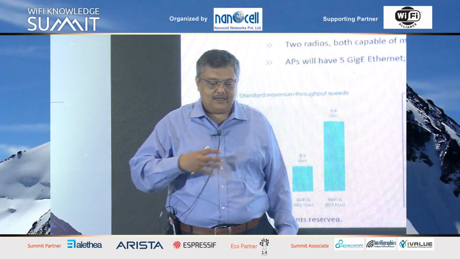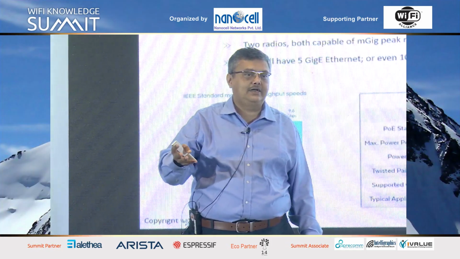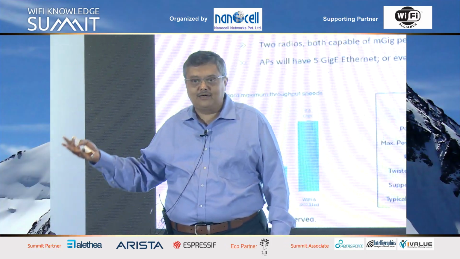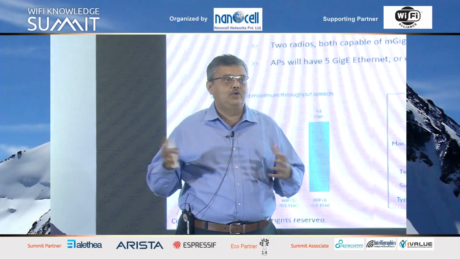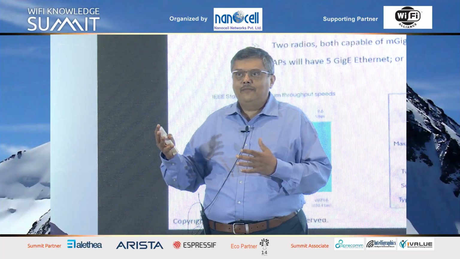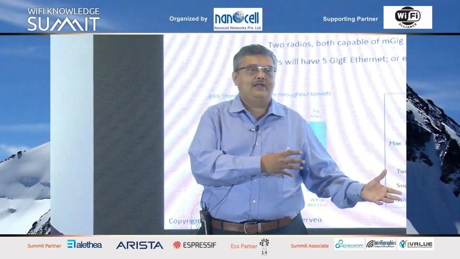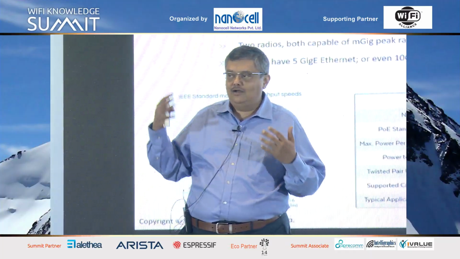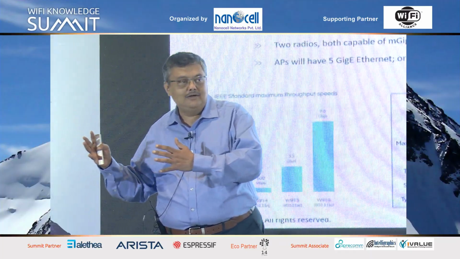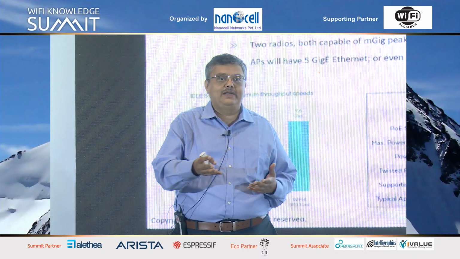And once you do that, you will need APs that have 5 gigabit Ethernet, or in some cases even 10 gig Ethernet, right? Now we can debate whether you need 5 gig or 10 gig or not, or what the real-life throughput is, etc. But what will happen is that vendors like us will throw in a larger PHY just to make sure that it's there. And then obviously if you don't have that infrastructure on your switches, it doesn't make sense.